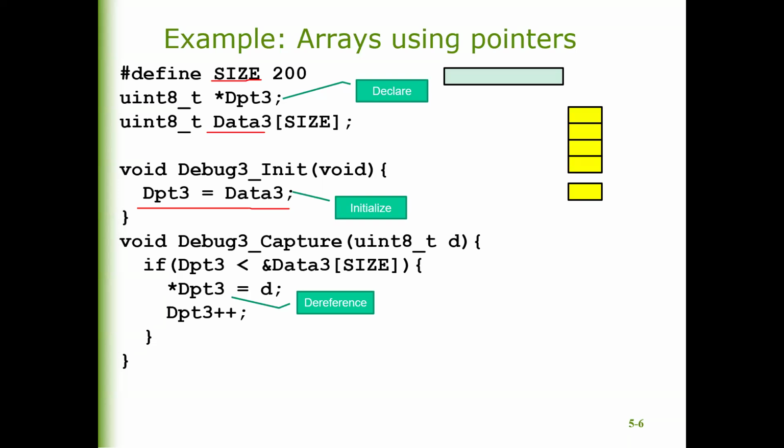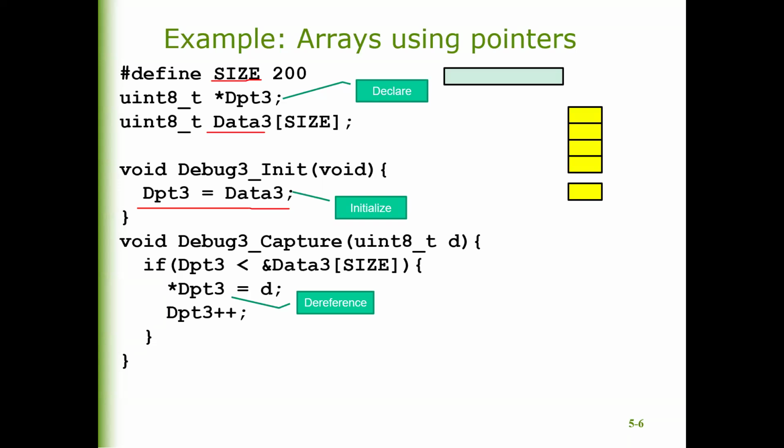But data3 is an array, so in C programming for our embedded systems, if we don't give it an element, by default C will assume that the pointer will point to the first address of the array.